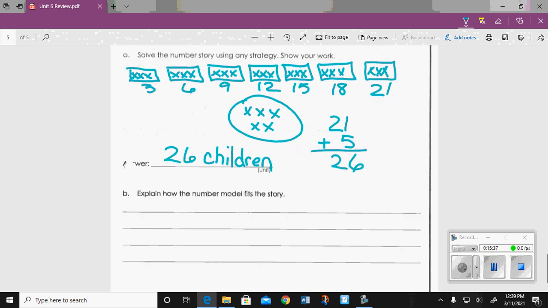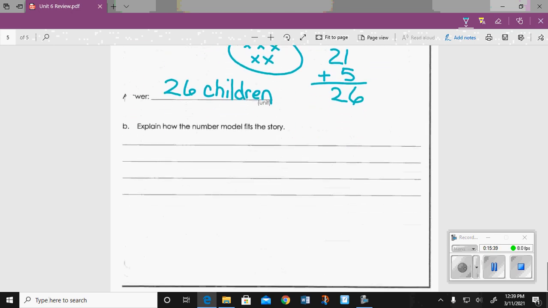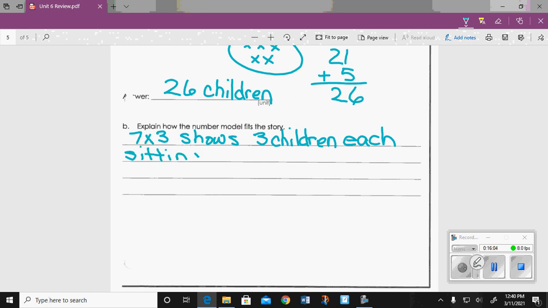Okay. Now all they want you to do is explain what you did, and you just answer what we did. We did 7 times 3 shows 3 children sitting at each table, at 7 tables.